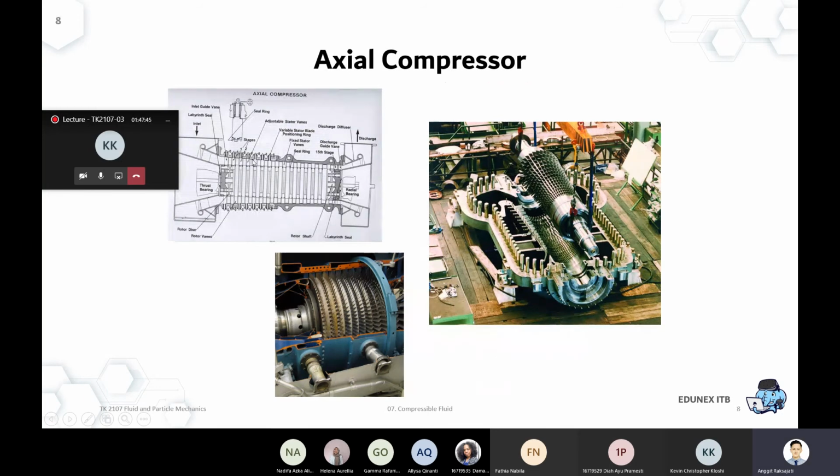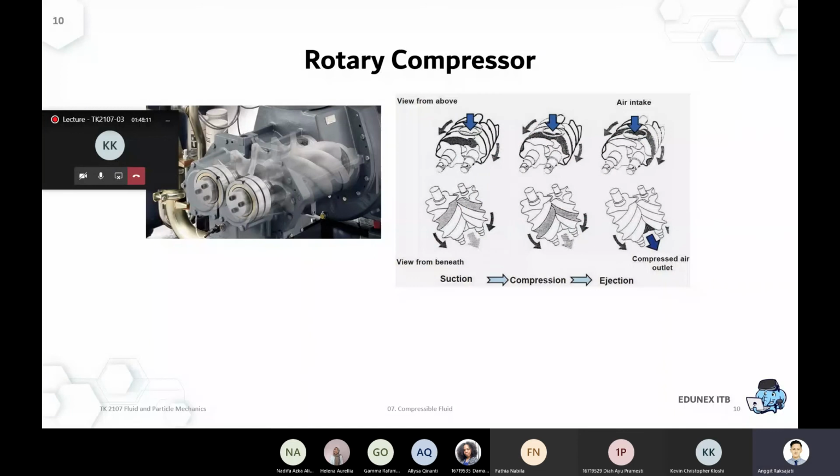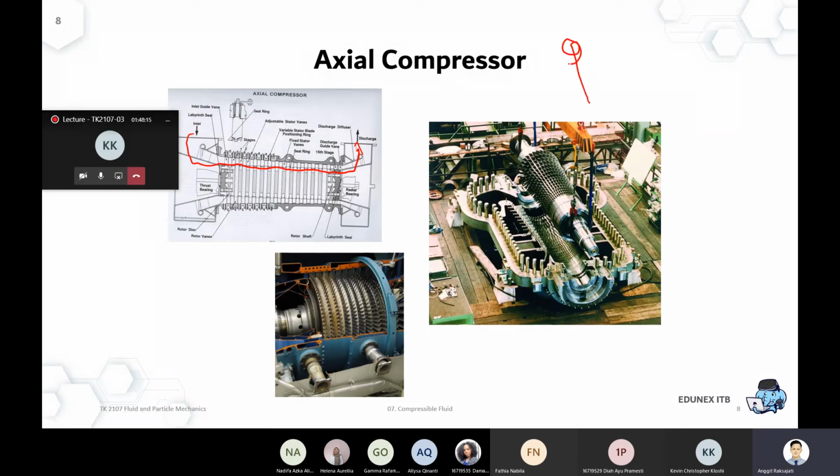An axial compressor is quite similar to a centrifugal. The only difference is the direction of the flow. The direction of the flow over here is something like that. For the centrifugal, the gas goes to the center and then rotates, following the direction of the impeller because of the rotation of the impeller.